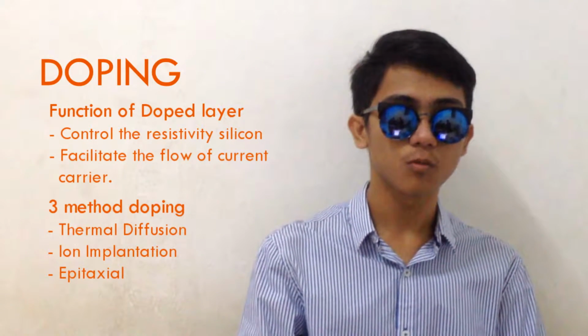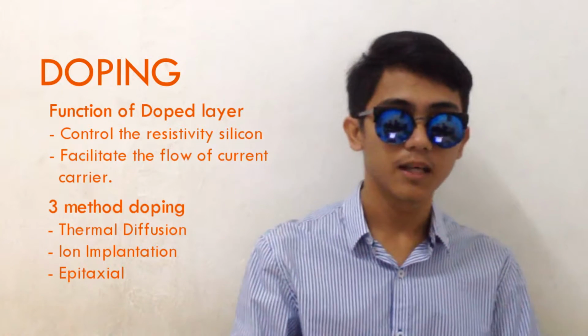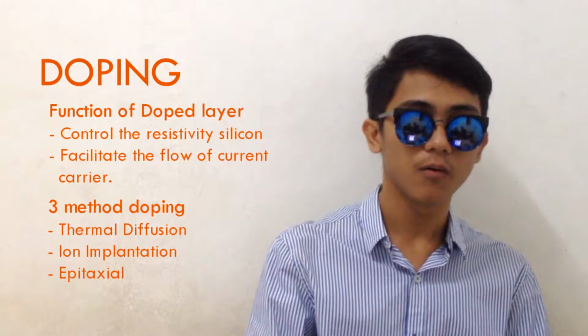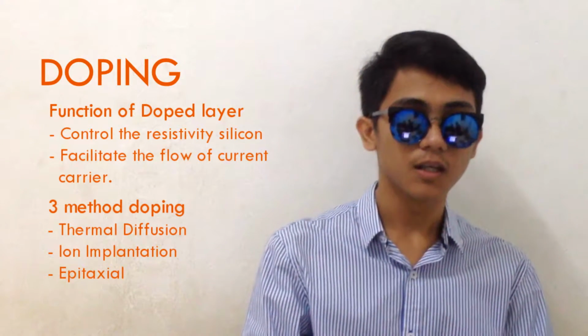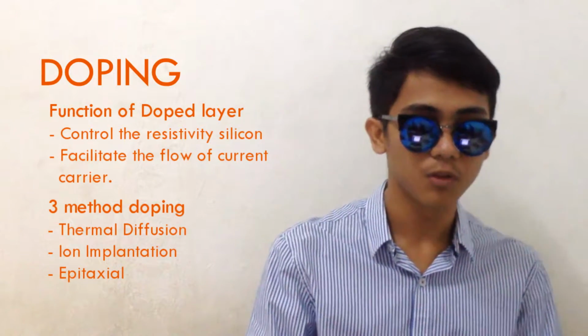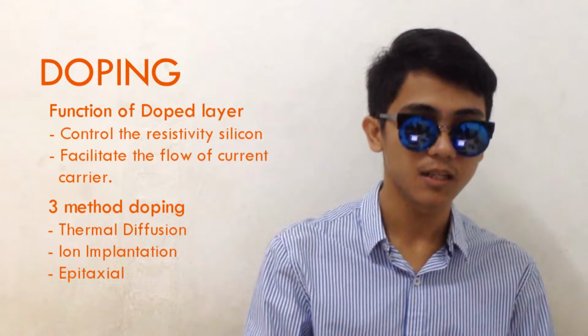Thermal diffusion is accomplished by exposing the silicon wafer to dopant, then driving it into the wafer at high temperature by diffusing. It is a two-step diffusion process: first, diffusion, and then drive-in.